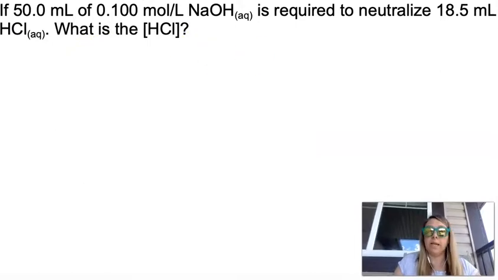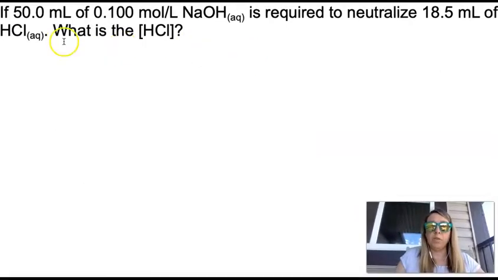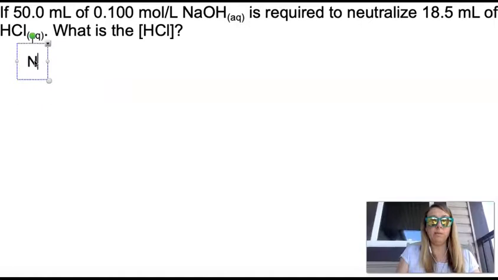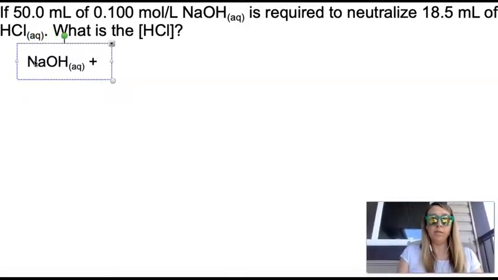Okay, next example. This question says if 50 mL of 0.100 mole per liter sodium hydroxide is required to neutralize 18.5 mL of hydrochloric acid, what is the concentration of HCl? So from here we're going to write our balanced equation. So we have sodium hydroxide, which we are combining with that hydrochloric acid.